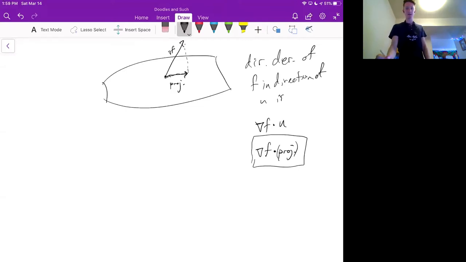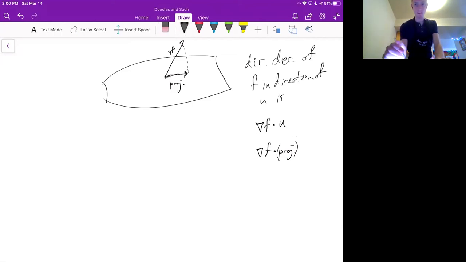If that amount is non-zero, that wouldn't make any sense, because moving along the direction of that projection keeps me on the surface. It's tangent to the surface. I'm just moving along the surface, but on the surface the value of f is always zero. So the amount that f changes as I move along the surface must be zero, because f is constant on the surface. And that means this directional derivative has to be zero.